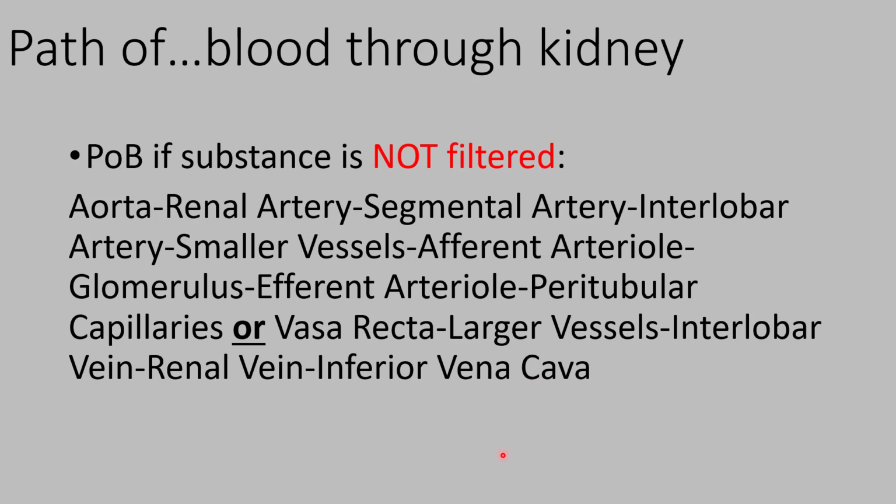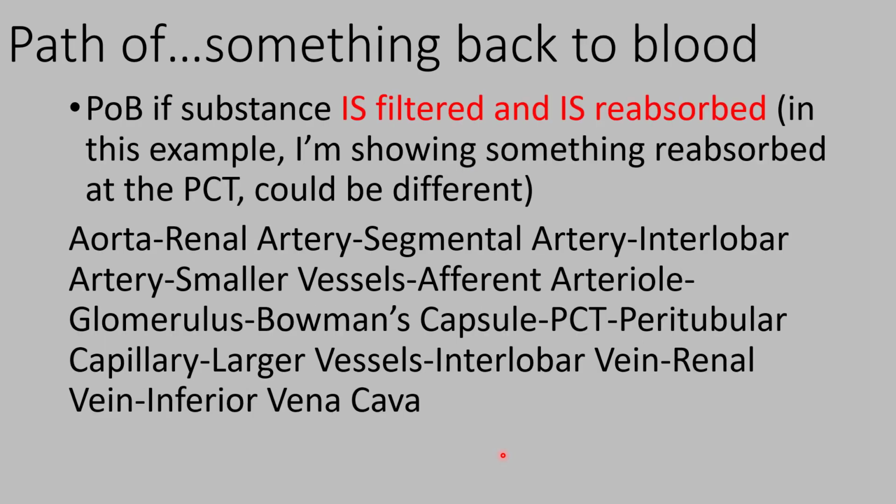I'll leave that there for a moment, but it's, I believe, in the PowerPoint that's posted to Blackboard. The second option is, what if something is filtered, but then as it passes through the nephron, it's reabsorbed?